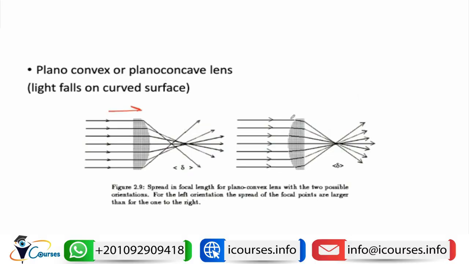But if we make the spherical surface face more toward the outside, this will be more likely to develop a single focus. Again, in order to eliminate the spherical aberrations, we make the light rays hit the curved surface of the lens.